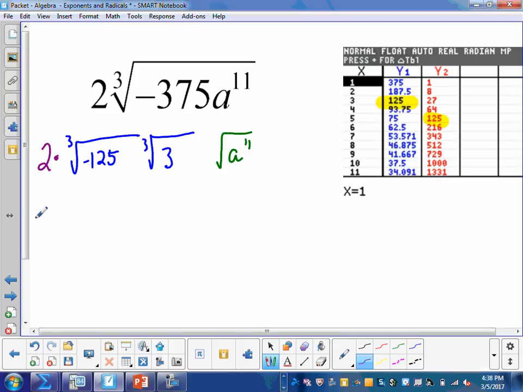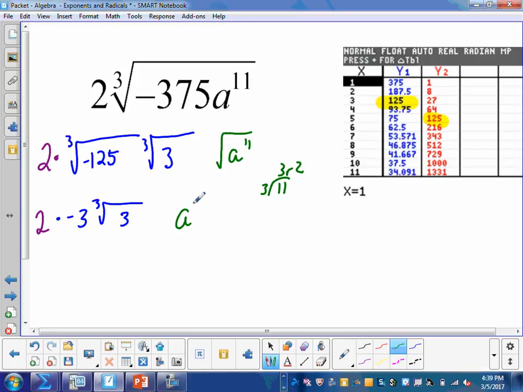So my 2 comes down, and the cube root of negative 125 is negative 5. And the cube root of 3 is the cube root of 3. And then a to the 11th, again, I take the exponent, I divide 3 into it, 3 times 3 with 2 left over.